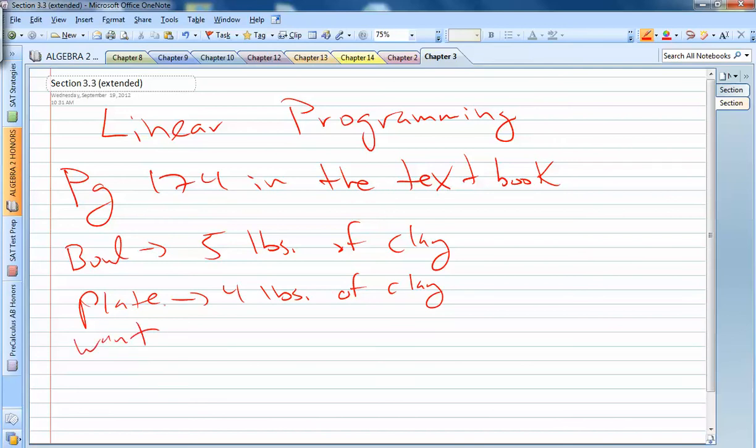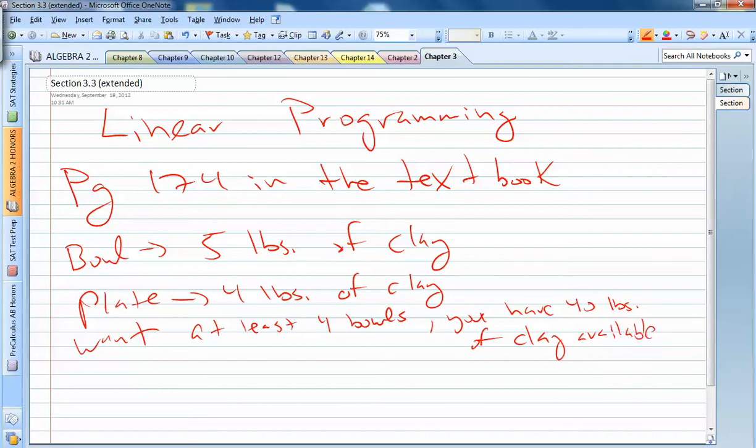You want at least 4 bowls. You have 40 pounds of clay available.